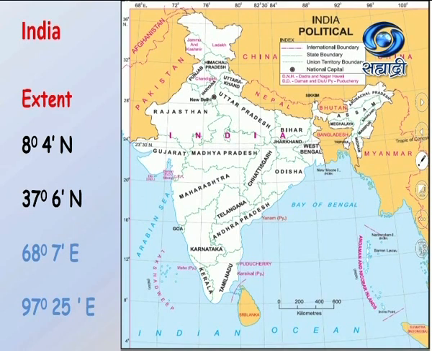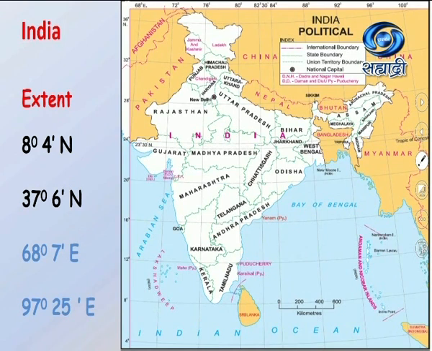Let's see its location. The southern tip of India lies at 8 degrees 4 minutes north. That means it's just above the equator. And 37 degrees 6 minutes to north. This is the extent of India.